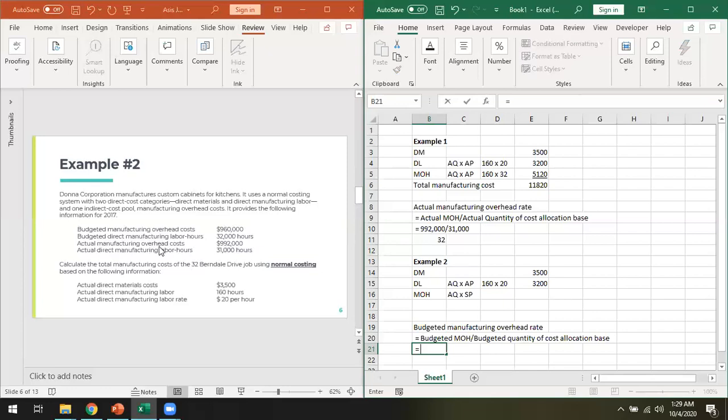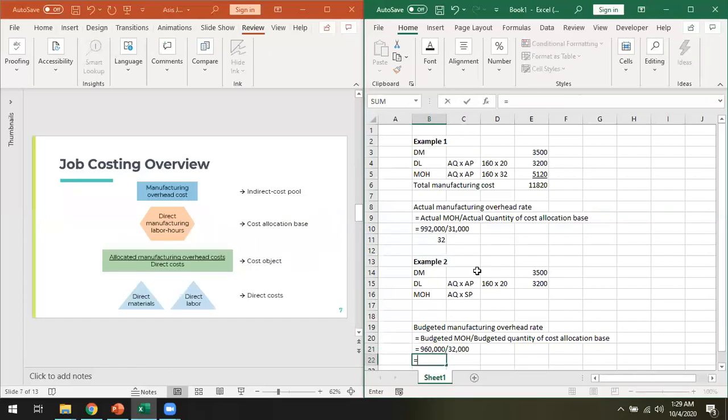So the budgeted manufacturing overhead cost is $960,000 divided by the budgeted quantity of cost allocation base or the budget direct manufacturing labor hours, which is 32,000.